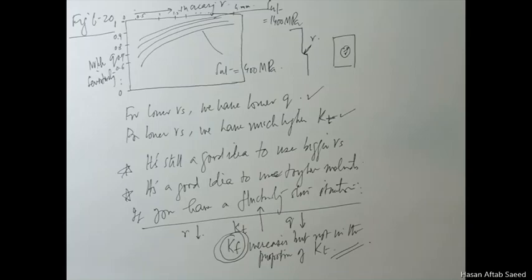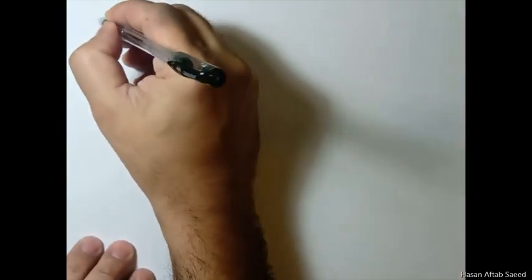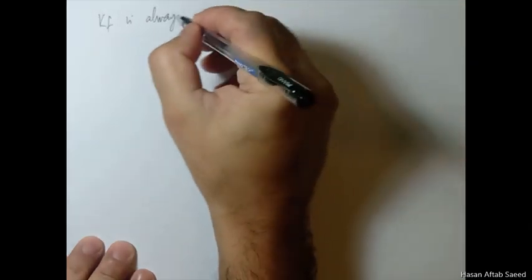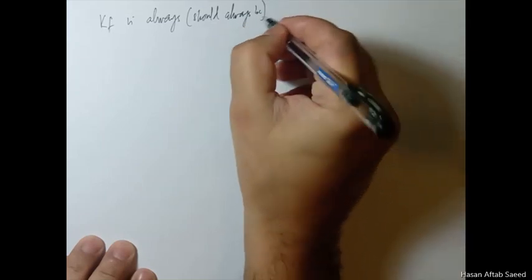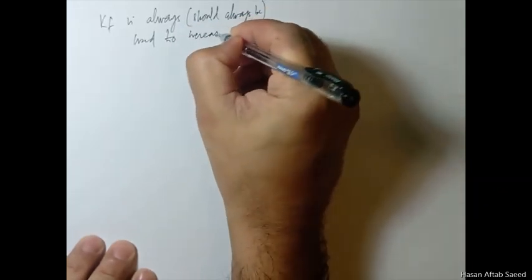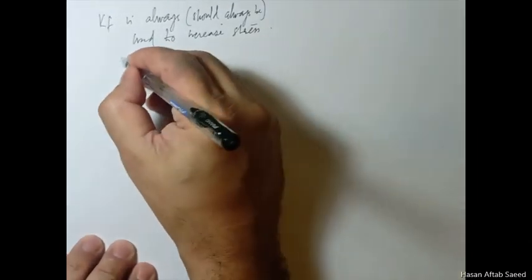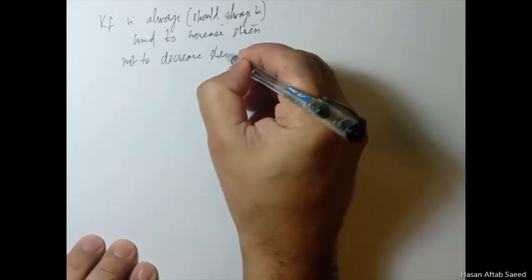Now I'll just finish with one point which sometimes causes a problem, which it shouldn't, but still, just to make sure it doesn't. KF should always be used to increase stress, not to decrease strength.